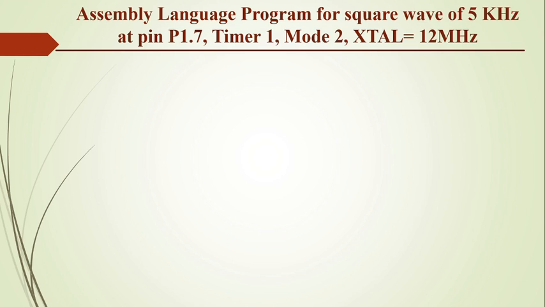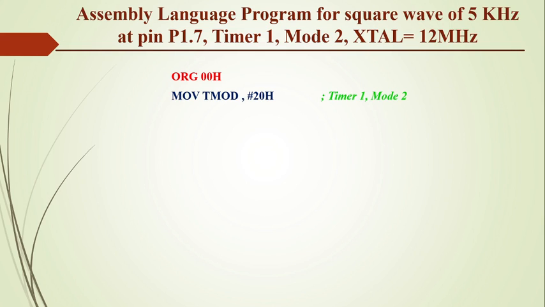Let's see the program for square wave of 5 kilohertz. Again we are using the pin P1.7, timer 1 in mode 2. So this is our initial location where our program will save the starting location of our program in RAM memory. MOV TMOD, #20H.